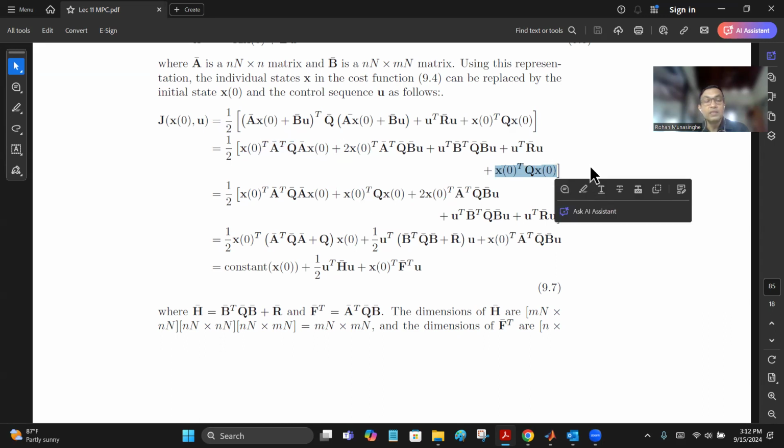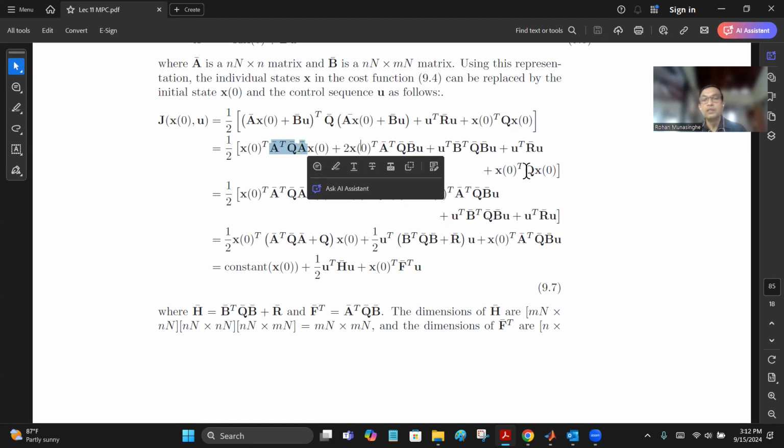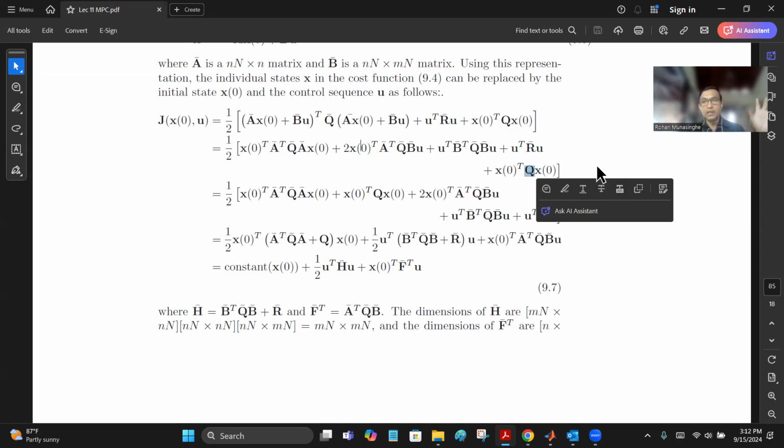Aren't they similar? If you look closely, you can see they both start off with x0 transpose. They end with x0. And in the middle, it's a matrix term. In the first one, it is A bar transpose, Q bar, A bar. And here it is just Q. But other than that, before and after, it has the same structure.